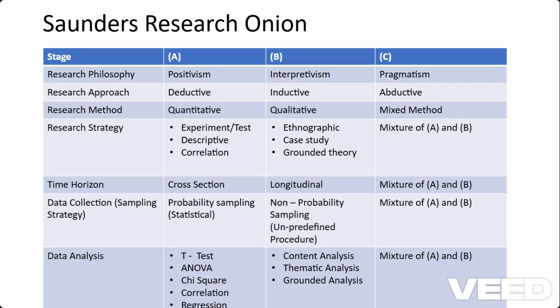They can be mixed up if you have taken a good approach of pragmatism and you are mixing the methods, and they have to be explained and justified as to why they are mixed. But you can't adopt interpretivism, and then use a quantitative method, or cross-section, or probability sampling, a statistical method, while your philosophy is interpretivism.